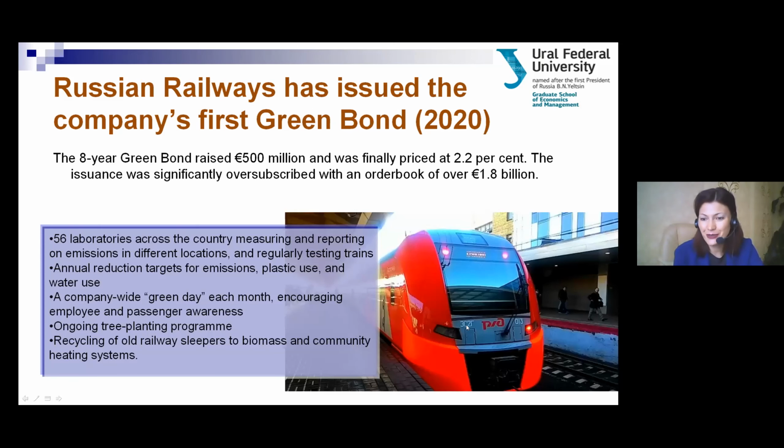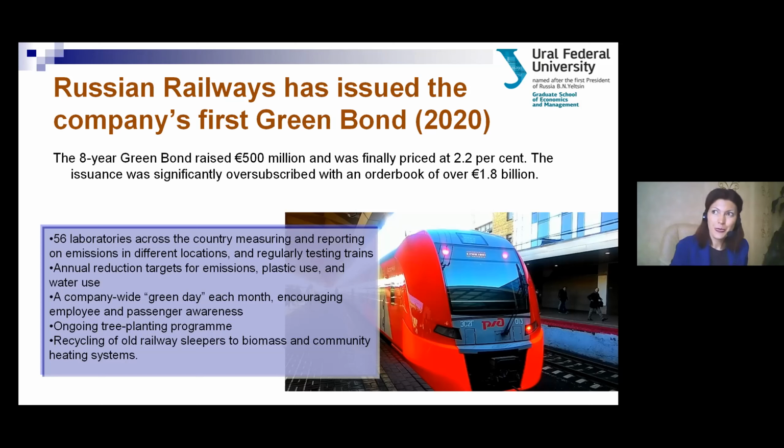Those of you who were using train services in Russia, Russian railway, you will recognize our so-called Lastochka. And you might be surprised, but that's the first Russian company which issued a green bond in 2020.